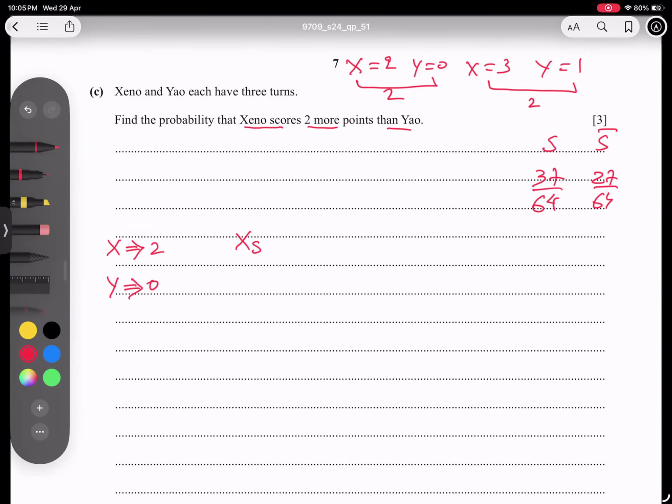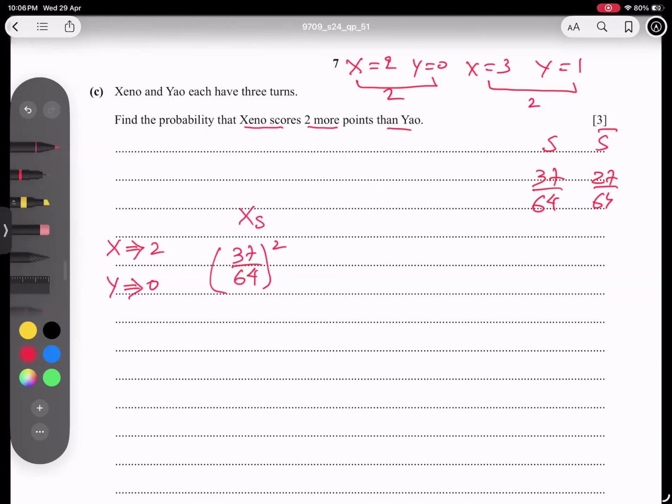We have three turns; make sure total turns are 6, because there are 3 turns by one person and 3 turns by the second person. So we have many branches to check. When I talk about scoring 2 times, we write scoring as 37 over 64 with power 2.